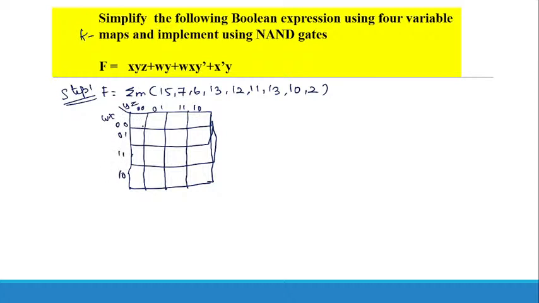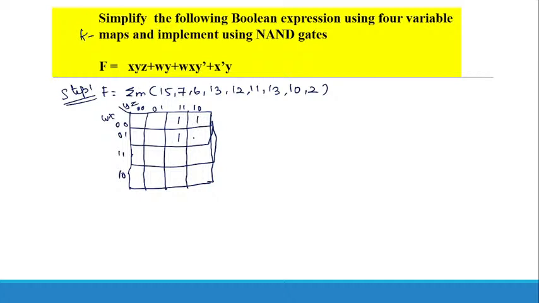Okay, cell values, since I keep doing that, we know it is 0, 1, 2, 3, 4, 5, 6, 7, 8, 9, 10, 11, 12, 13, 14, 15. Okay. So here plot the values. Actually, you have to rearrange this while plotting it. You will have it like this.